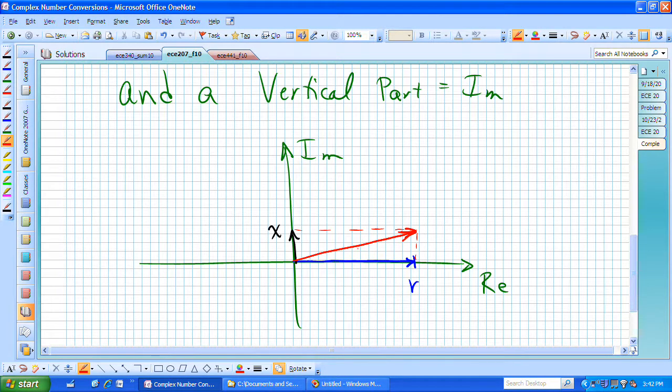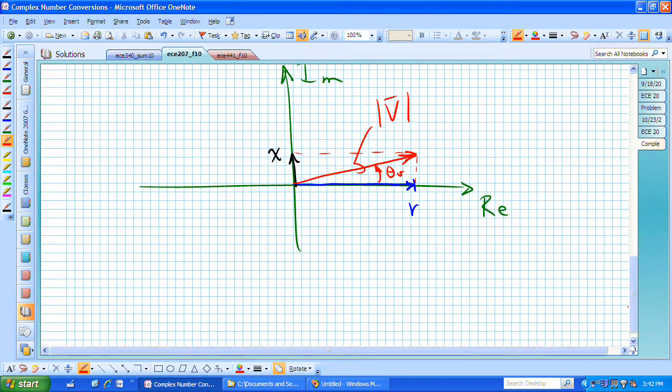We now can associate the length of that diagonal as the magnitude of that vector, and hopefully we remember that that's the hypotenuse of a right triangle, and this angle, theta sub v, can be determined by these two sides of this rectangle. What we're really saying is that this voltage, which we will represent by a V bar, or this complex number, could have a real part and an imaginary part in orthogonal directions.